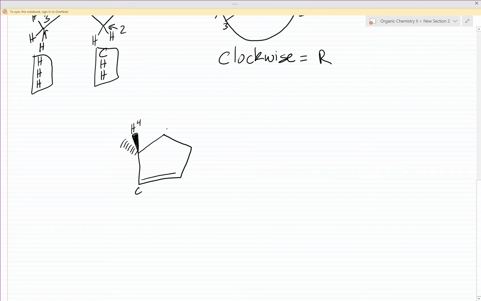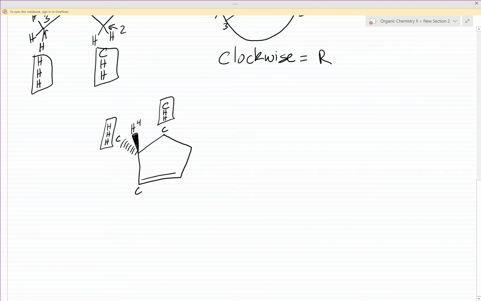This is carbon, carbon, and carbon. We'll rank them just like we did before, based off of the attachments on these carbons. This one has 3 hydrogens, so it's an HHH. The one on top has 2 hydrogens and 1 carbon, so we have a CHH attachment.